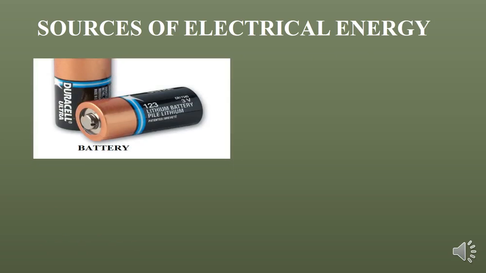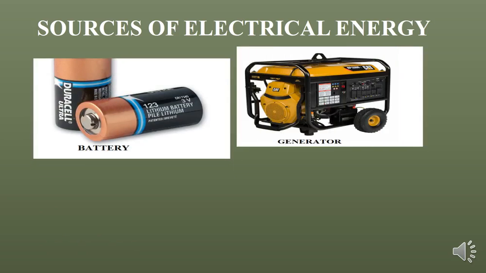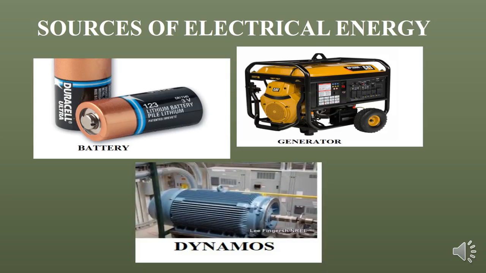The battery, as you have there, the generator, as you have there, and a dynamo. Now, if you look at the dynamo, those of you with bicycles, if your bicycle has a light or a lamp, you realize that it has this circular thing, that round thing, attached to it, which produces light based on the rate at which you are paddling it.